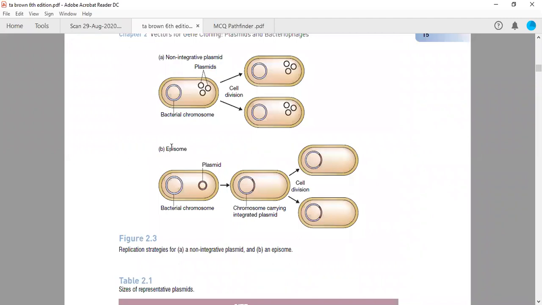I'm telling again. This class is going to be a bit interesting because we are learning a few new terms. As I told you, up to seven different plasmids have been reported in E. coli cells in a single bacterial cell, with different copy numbers. So suppose there is a large population of plasmids present in a single bacterial cell inside the cytoplasm. They can be integrated into the bacterial chromosome, and once they integrate into the bacterial chromosome, this integrated form is called an episome.